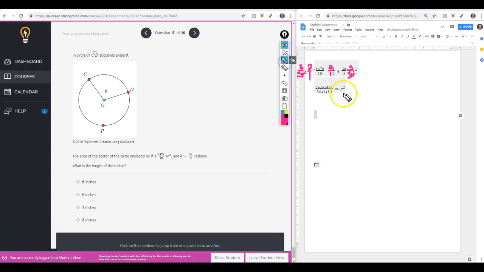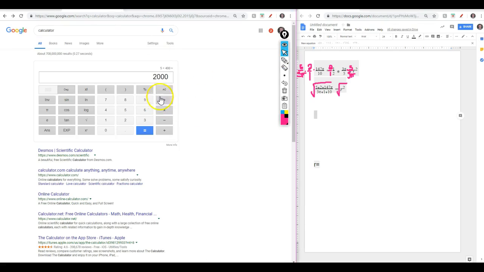So now asking ourselves, how do we undo, or what's the inverse operation of a squared? It is a square root. I remember that because squared and square root both have square at the very beginning of them. So we're going to jump over here and use the calculator, and I'm going to type in square root parentheses 5 times 2 times 147 pi.